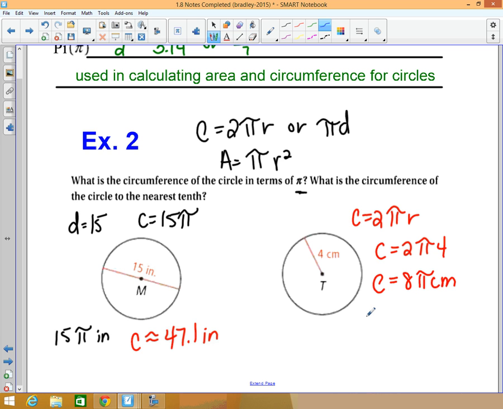Okay, but then rounded to the tenth, the approximate is going to be 8 times 3.14, and that will give me 25.12 centimeters. And again, since pi is an irrational number, it's approximated, and we'll need to use the about equal to for that one.